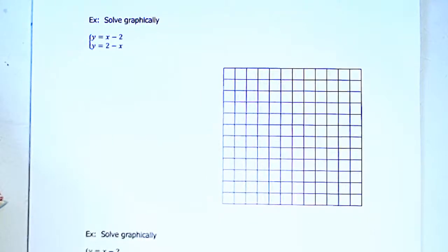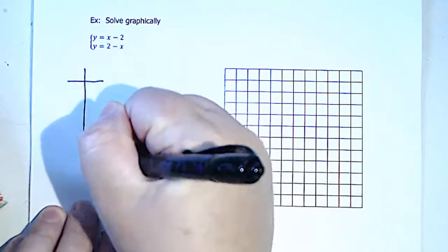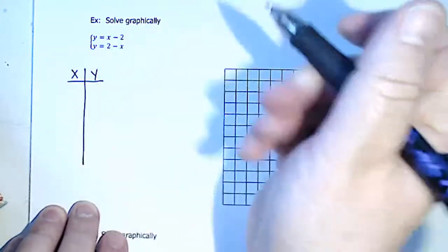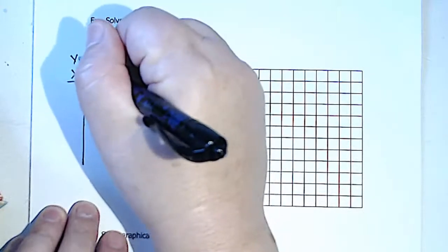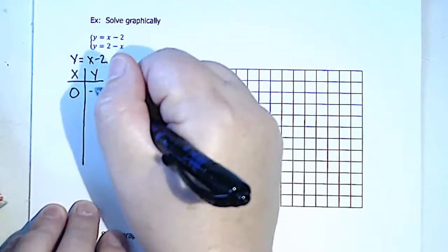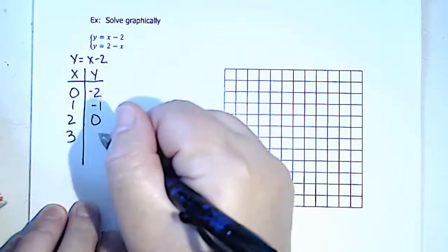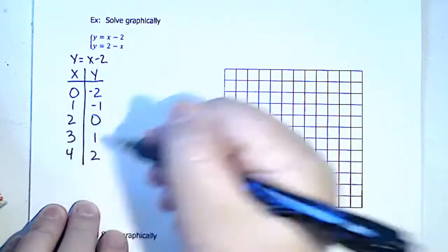So what I will do is I will copy from the first page the two tables of values. So this is y equals x minus 2. And we got the points 0, -2, 1, -1, 2, 0, 3, 1, and 4, 2.